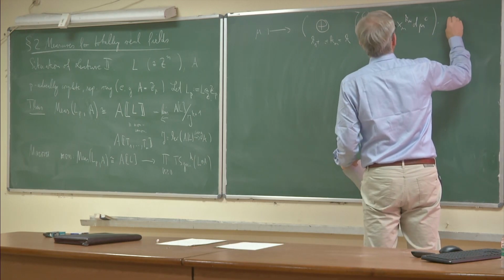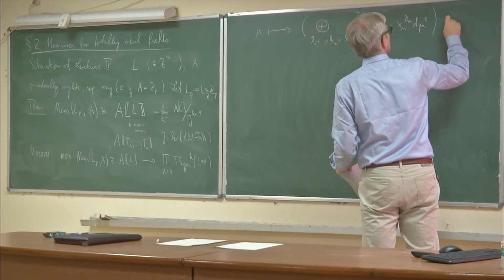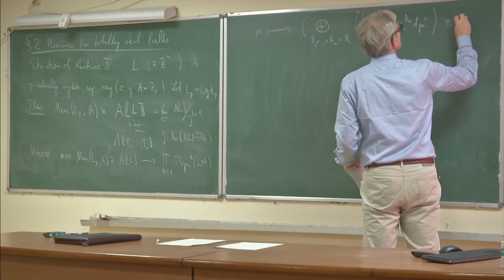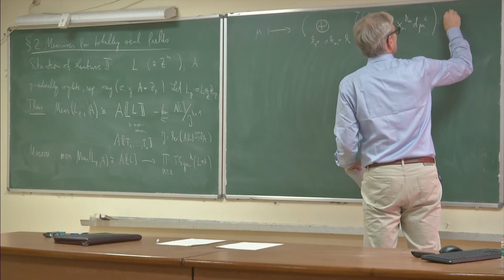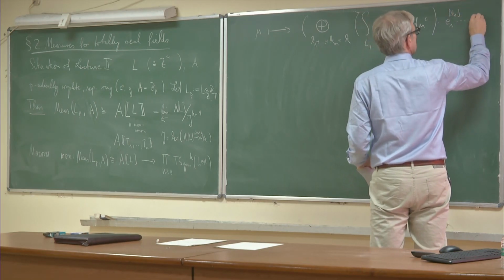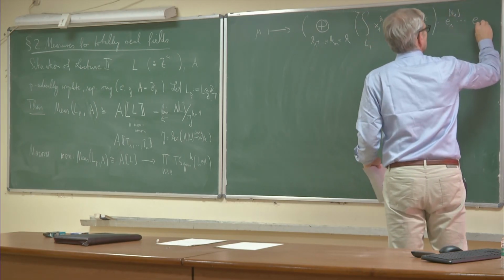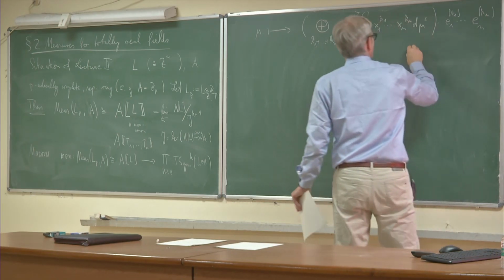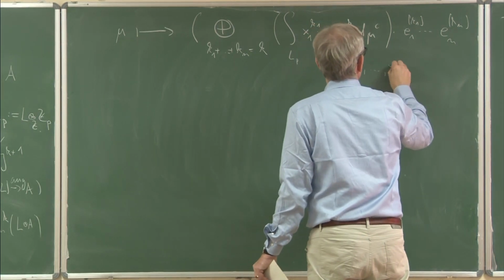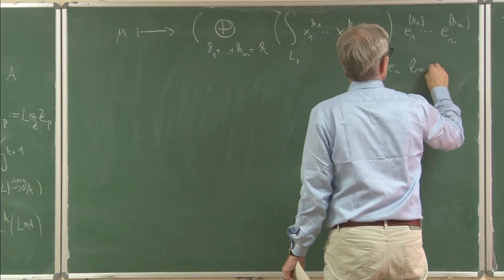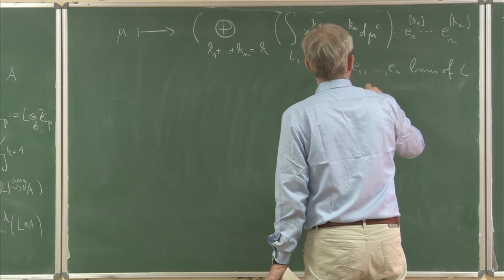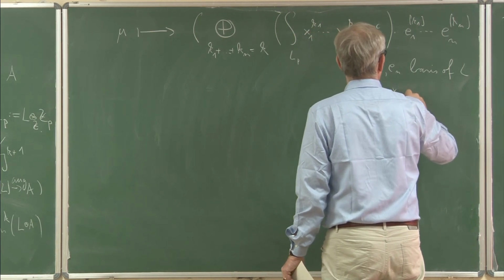So you have here somehow the basis e_1 to the k_1, and now you have to use this divided power structure here, in fact, up to e_n to the k_n. So e_1 up to e_n, this is the basis of L. And the x_i, these are the functions corresponding to the basis.